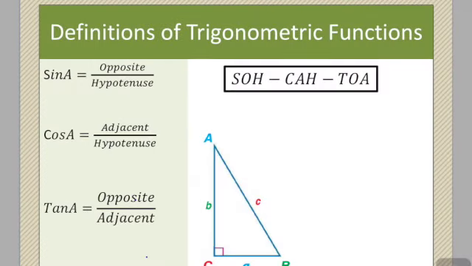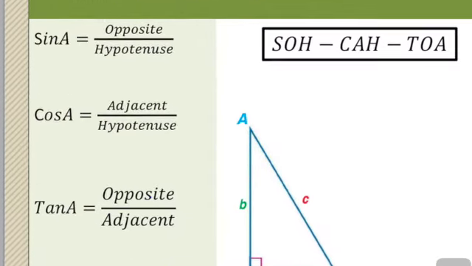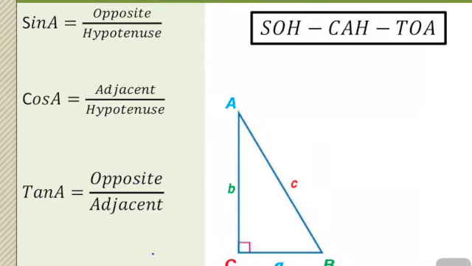So a trigonometric function, or for short we call it a trig function, is the ratio of two sides of a right triangle. We have three different trig ratios that we typically use. The first one is called the sine.